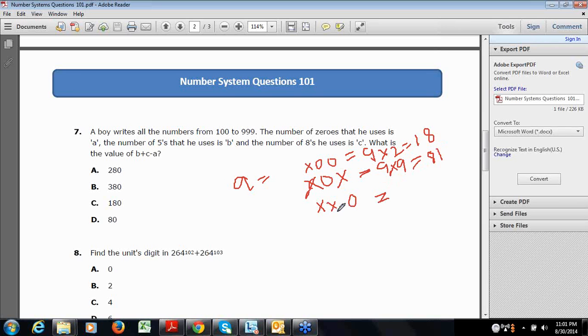X can take 9. X can take 9. So again 81. If you combine it, 162 plus 18, 180. So you will get A is what? A as 180. Hope everybody is clear how we got 180 here.